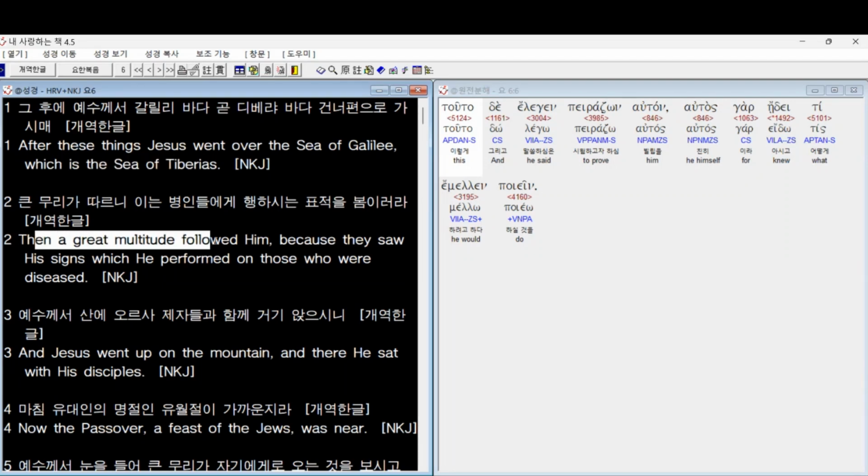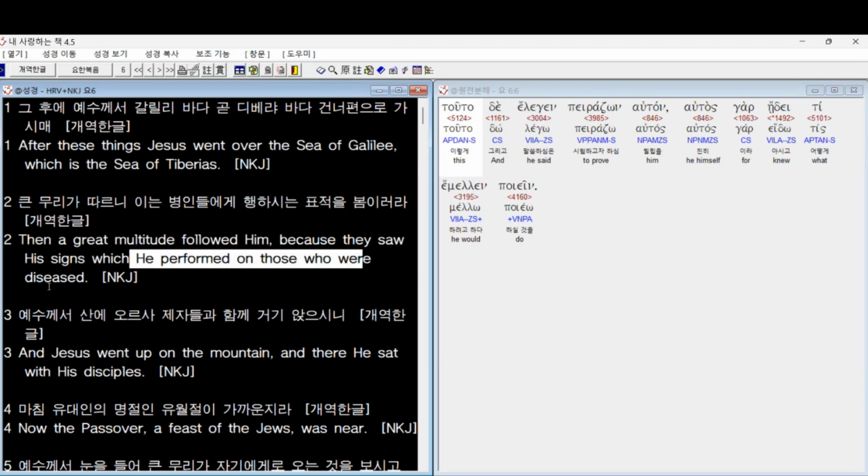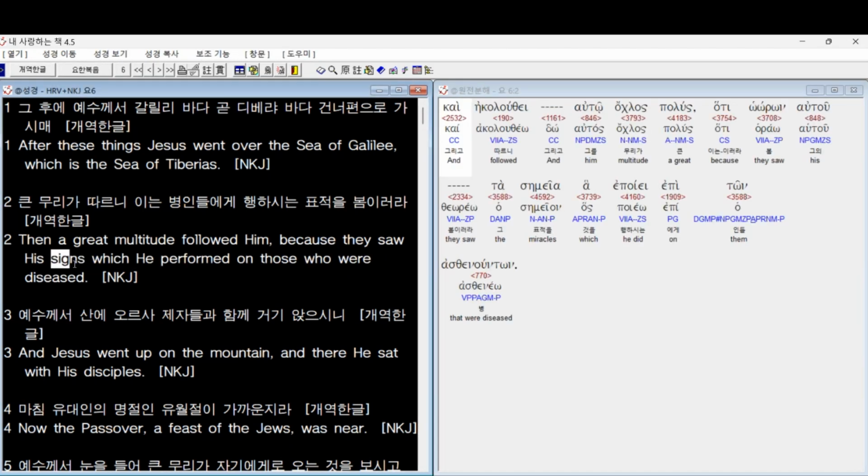Then a great multitude followed Jesus because they saw his sign, which he performed on those who were diseased. Here we are talking about the sign, and the sign is Christ Jesus himself.